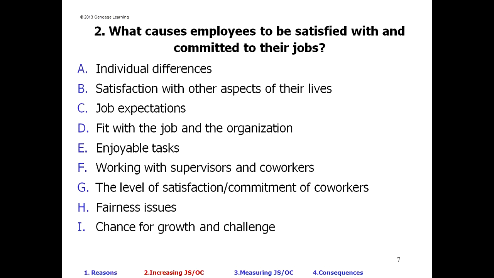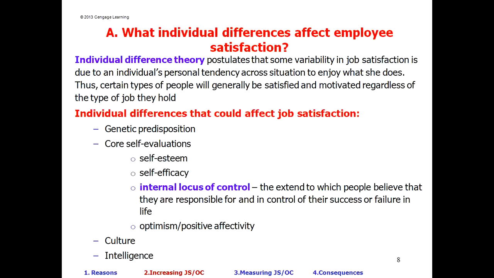Then we come to the next point, what causes employees to be satisfied. That is individual differences, satisfaction with other aspects of life, fit with the job's expectations and the organization, enjoyable tasks, and so on and so forth. You can just check out all these points. Each one by one, we will go through them. First, individual differences.